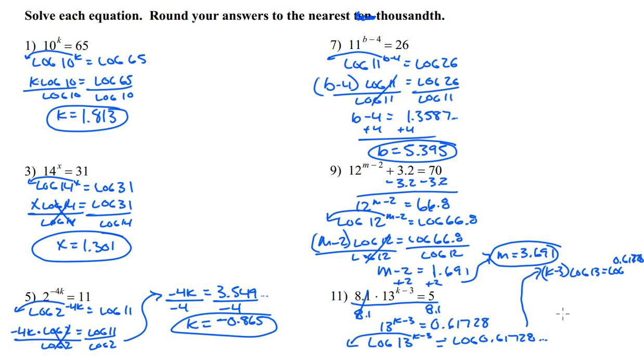Sorry, it's kind of hard to read. You can see it down there. So we're going to divide both sides by log 13. We get that k minus 3 equals the log of this number divided by log 13.